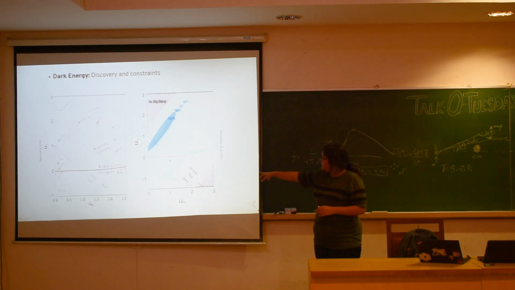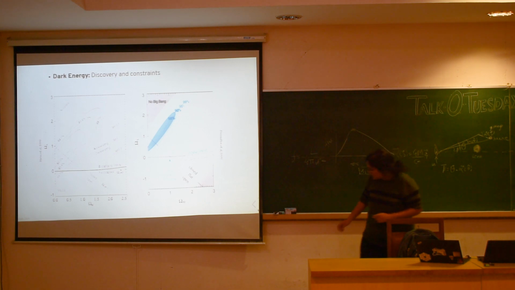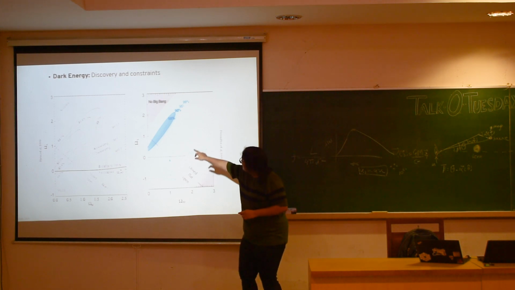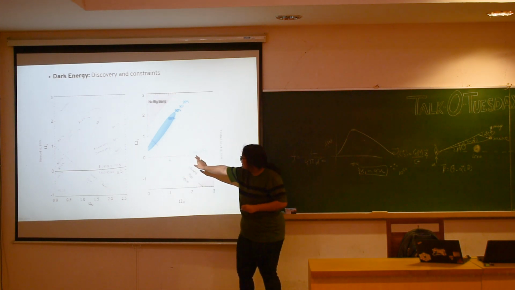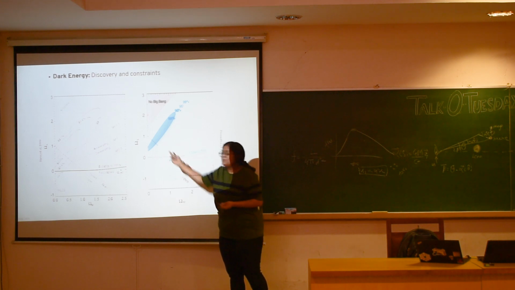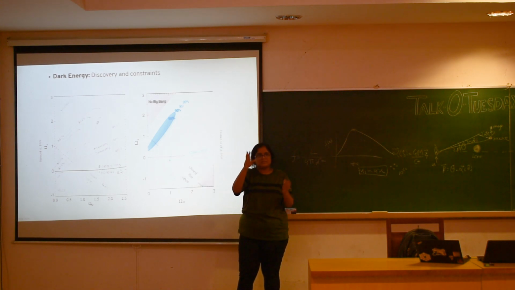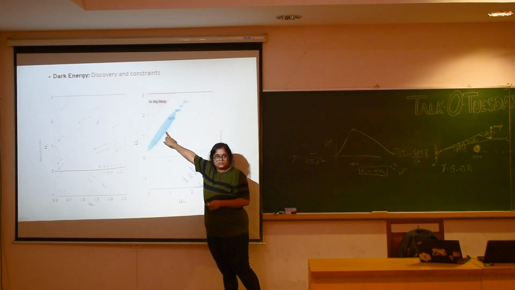It will take me some time to explain these graphs, so I will skip it. But you can see they put these constraints, these elongated things. And this is the omega lambda, which is the density of dark energy. They showed that this density of dark energy is not zero, it is more than zero.